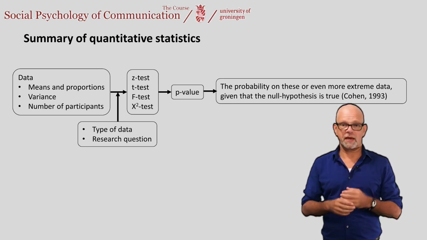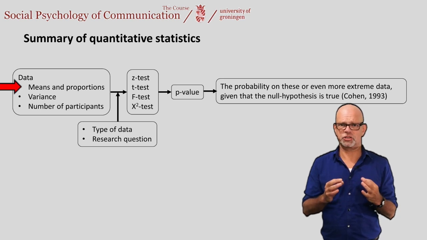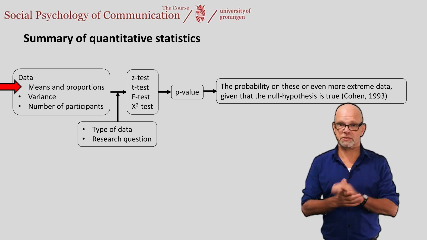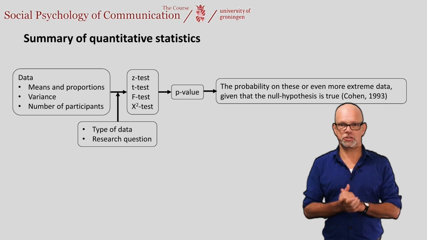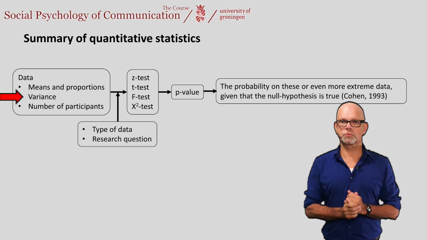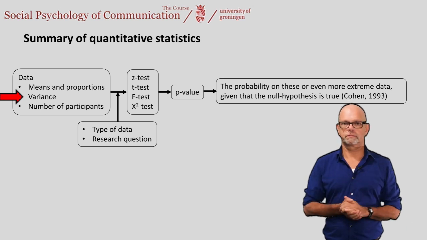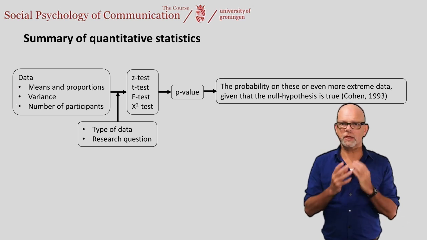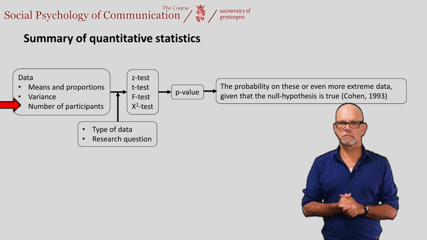Individuals and samples have means on variables, average scores, or proportions, such as percentages. Secondly, there's variance. People and groups vary, they differ. Thirdly, there's the number of participants that's relevant.